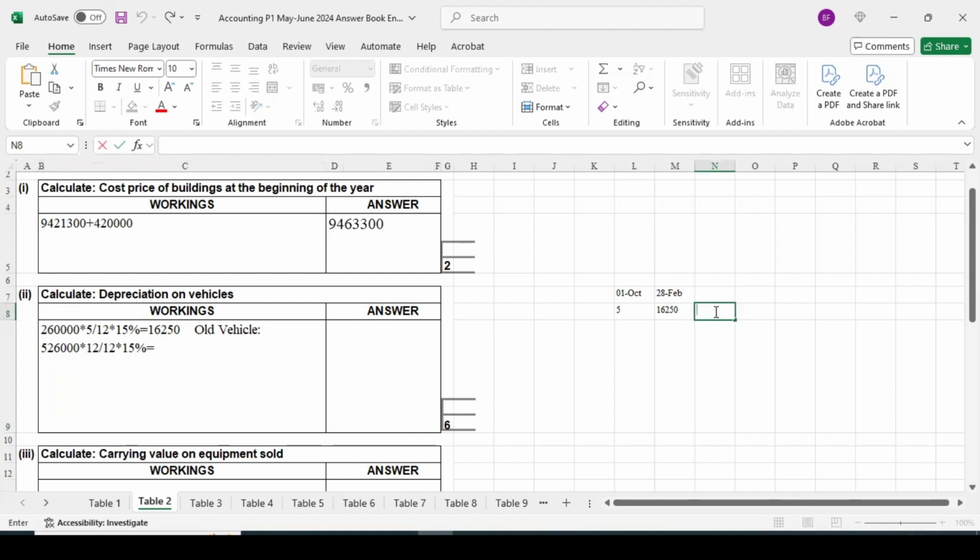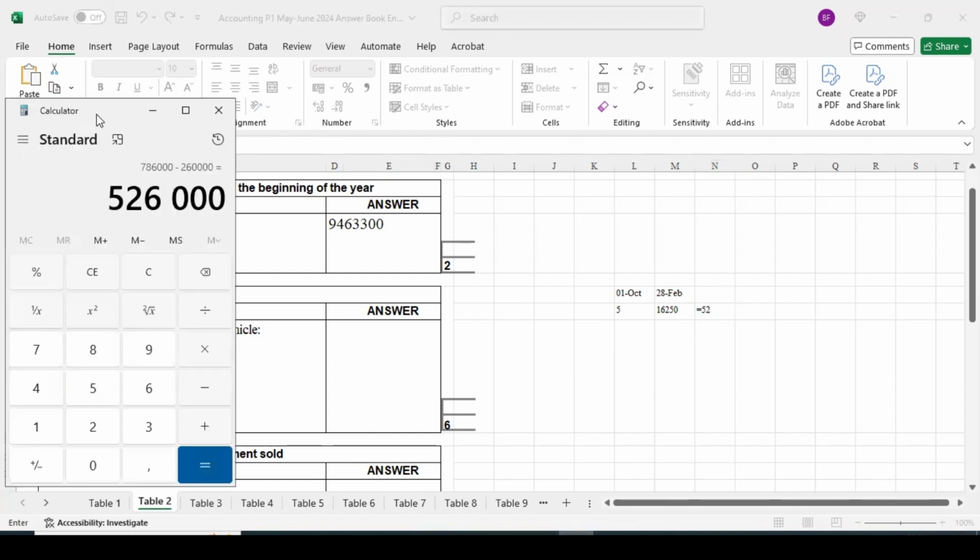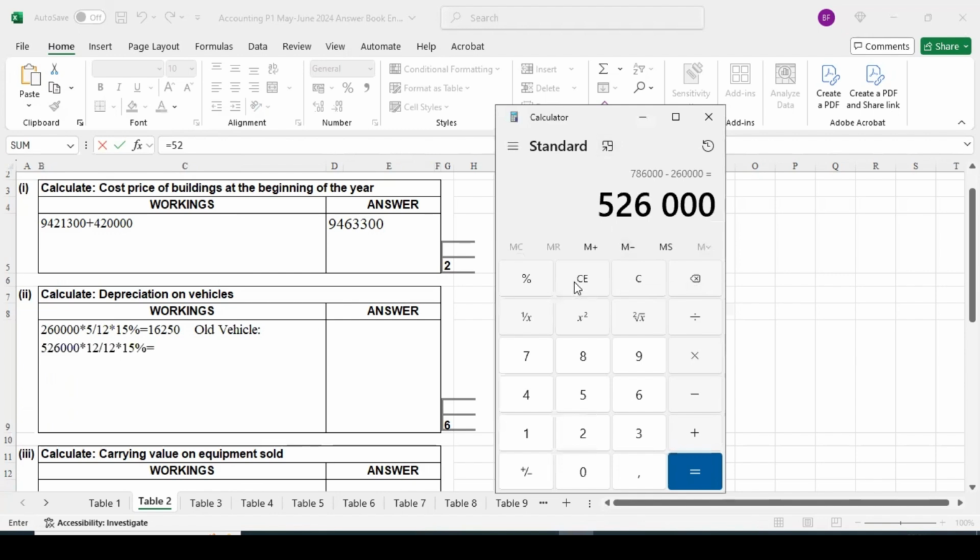So it's going to be 526,000 rands. Okay, let me use the calculator to be quick. 526,000 rands times 12 over 12 times 15%.